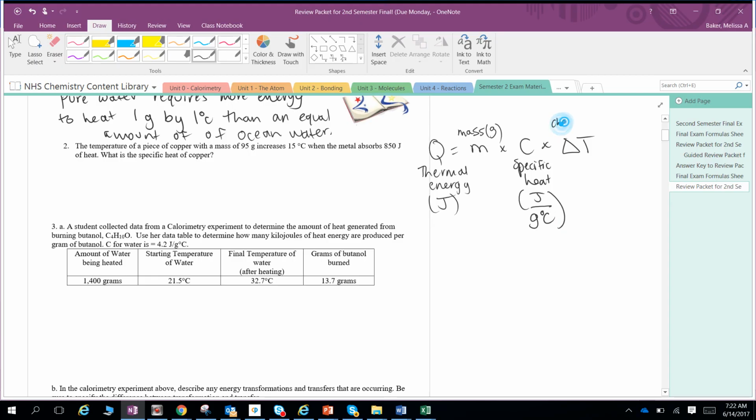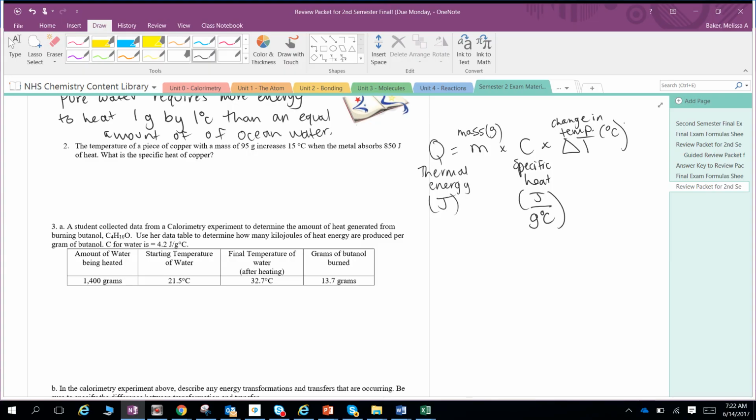And the triangle T actually means the change in temperature, so the difference from where you're starting to where you're going. So it says, what if we change the temperature of 95 grams of copper by 15 degrees, and that required 850 joules? Then what must be the specific heat of copper?